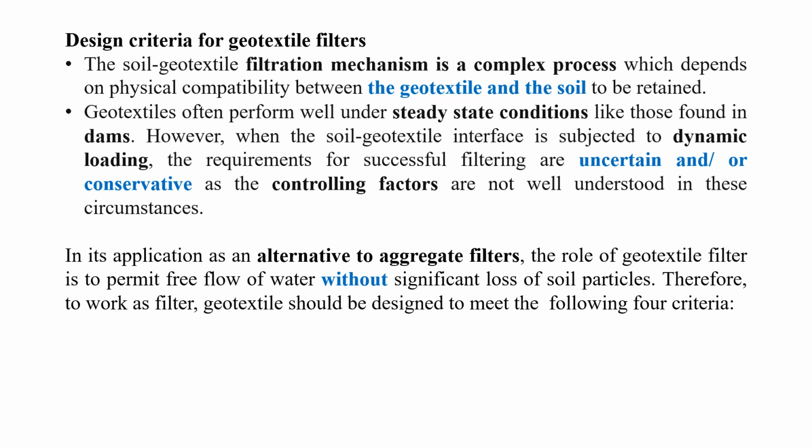The role of the geotextile filter is to permit free flow of water without significant loss of soil particles. So whenever we use the geotextile as a filter, it should retain the soil. At the time of filtration, soils should not pass through the geotextile material.